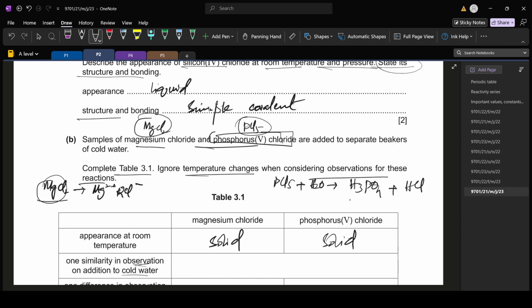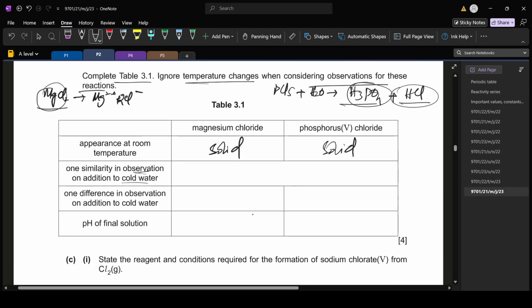So this will also form a colorless solution. So this is the observation that a colorless solution is made in both of these solutions. No precipitate in both of these solutions. Colorless solution is formed.